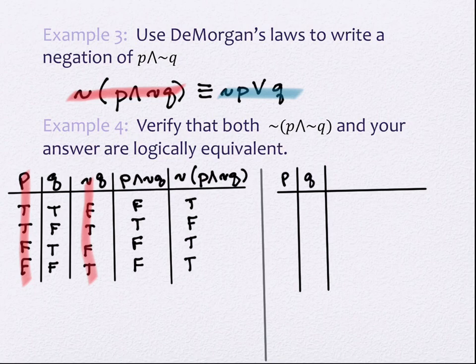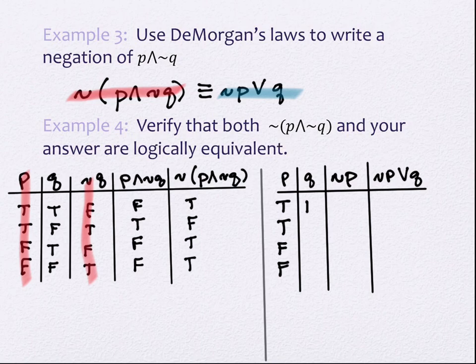What do I have? I have tilde P, so I need a tilde P column. And then I need a column that combines everything. So this is a simpler one, tilde P, and it's an or statement that is combining it. P and Q columns are going to look just like they did before. That's why I said if you wanted to put it on the same truth table, you could.